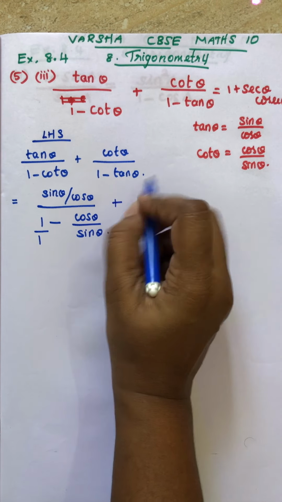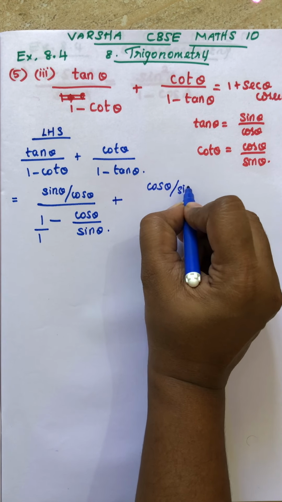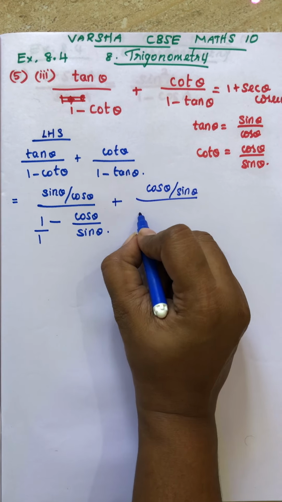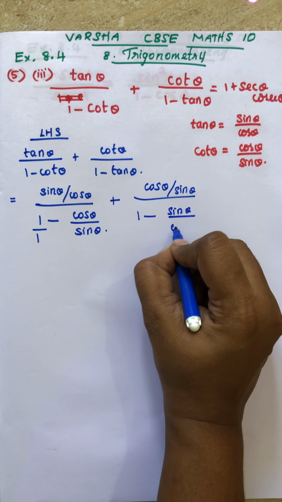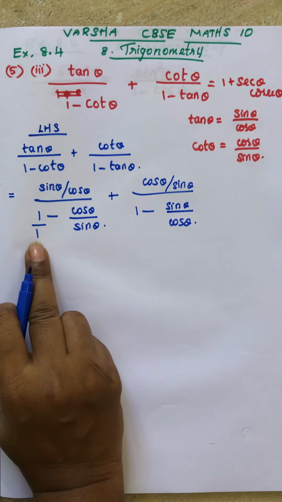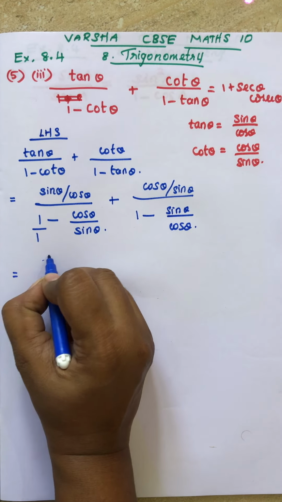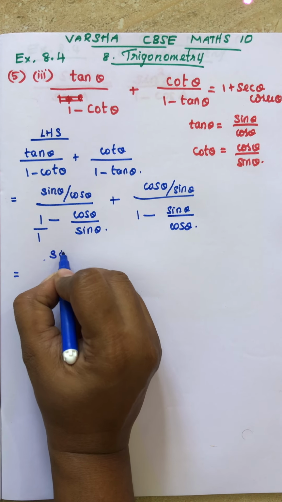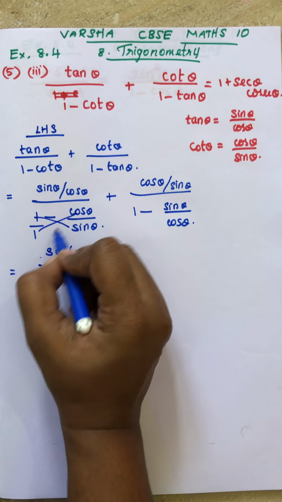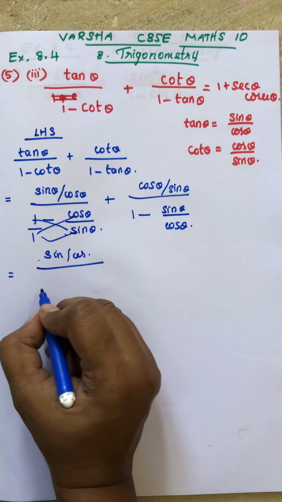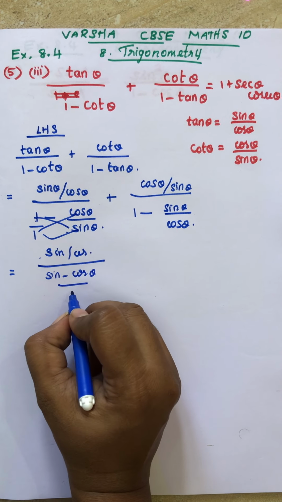So plus, this is cot, cot can be written as cos by sine, divided by 1 minus tan, which is written as sine by cos. You have to simplify this. See, what will you get? This is sine by cos, by cross multiply, so this is sine minus cos by sine.